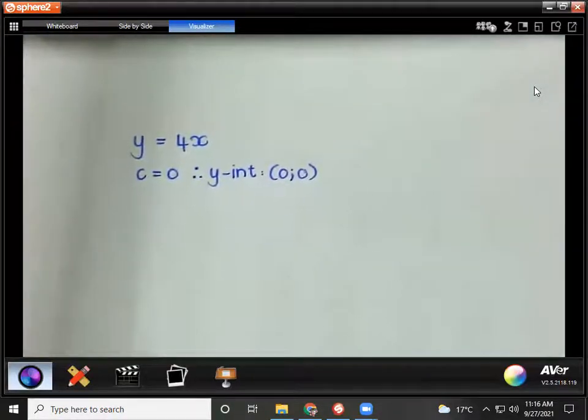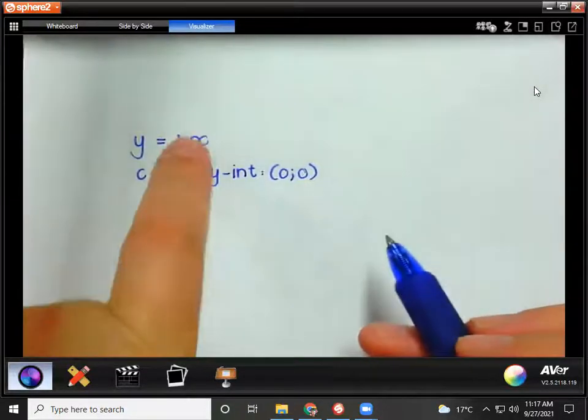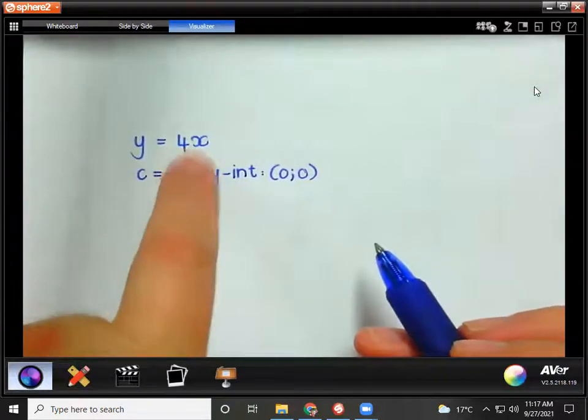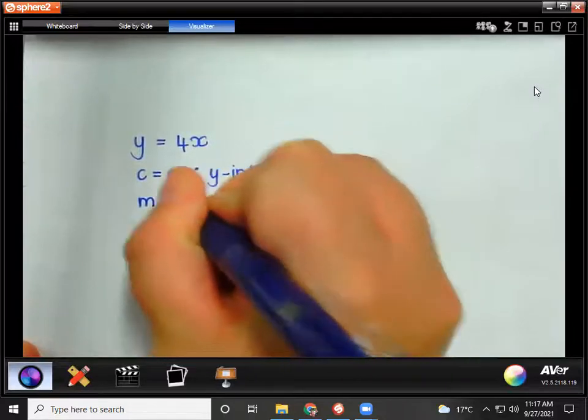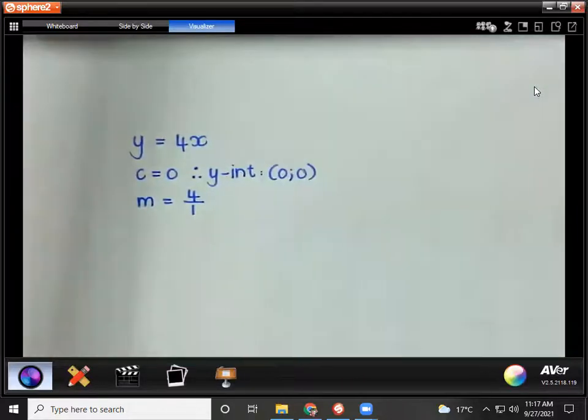But then remember, that's actually an x-intercept as well. Right? That specific point is one point. It only happens at the origin, no other point, where it's the y-intercept and the x-intercept at the same time. So for this one, you have to use gradient intercept method. What is the gradient? What is the number in front of x? 4. So we're writing 4 as 4 over 1.